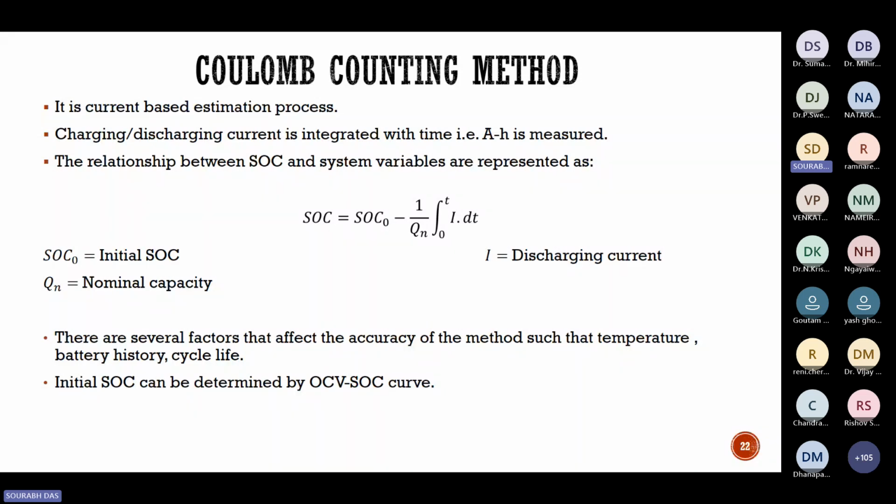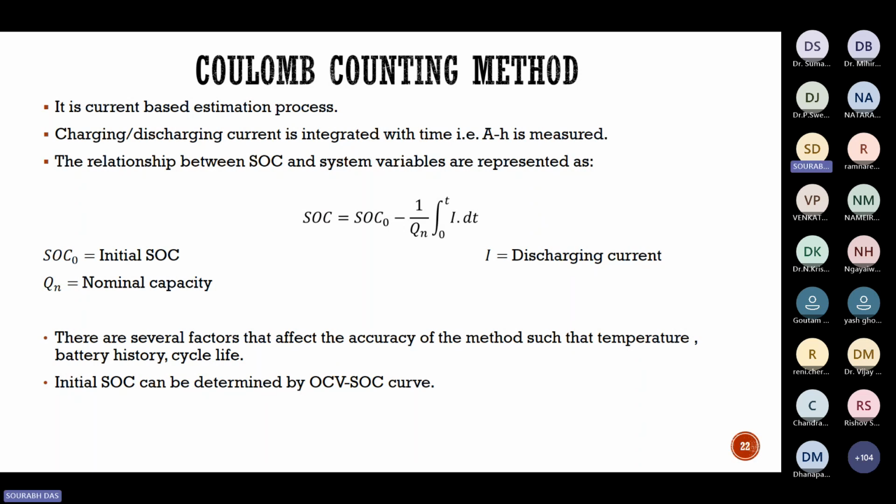Several factors affect the accuracy of this model, including temperature variation, the battery usage history, and cycle life. Errors can accumulate due to sensor inaccuracy or varying operating conditions.